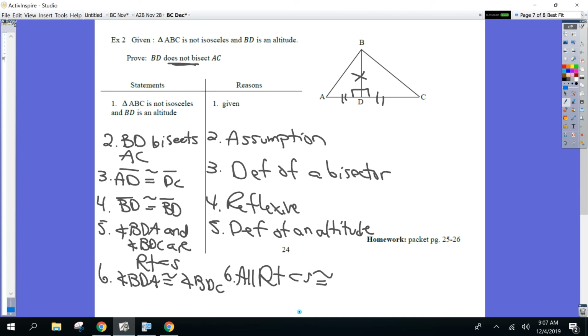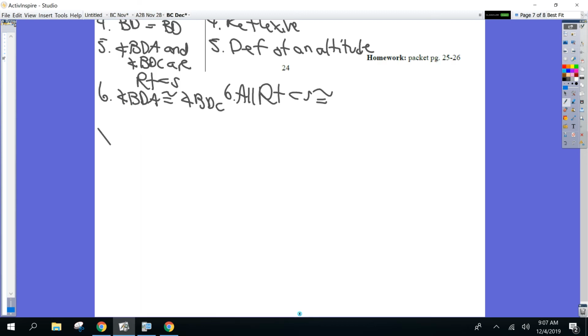Whew, a lot of steps here. Pace yourself. Hopefully you didn't go out too quick. I think I have everything, right, to prove them congruent? I think so. So triangle BDA congruent to triangle BDC. Two triangles are congruent.